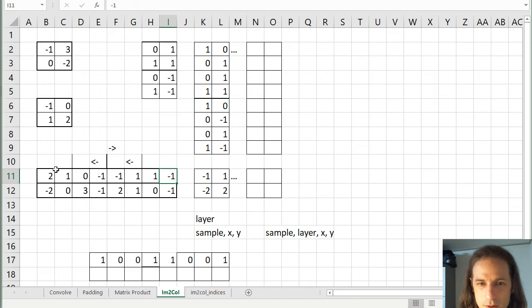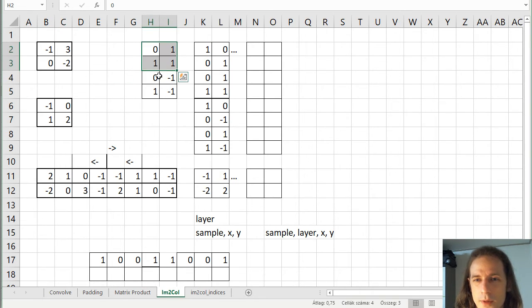Yeah, this must be the kernel because it's 2, 1, 0, -1. So it's basically like going backwards in this part, backwards for the x and the y values, because we flip the kernel when we do the convolution, if you remember.